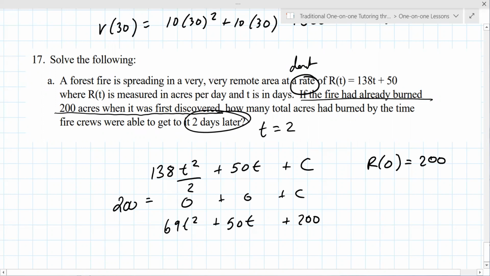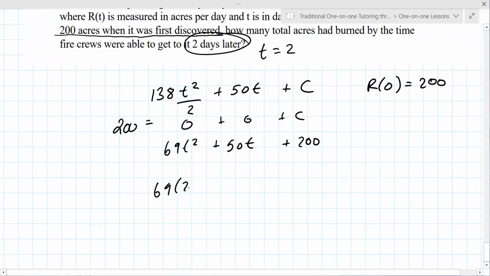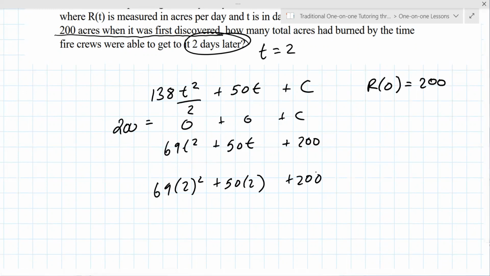So you plug in 2 to the antiderivative, right here. 100 plus 200, 300, and 2 times 2 is 4. 69 times 4 is 276 plus 100 plus 200 is 576. Sounds good to me.